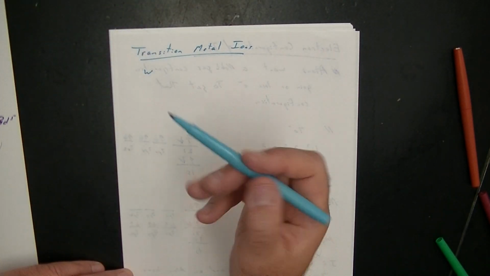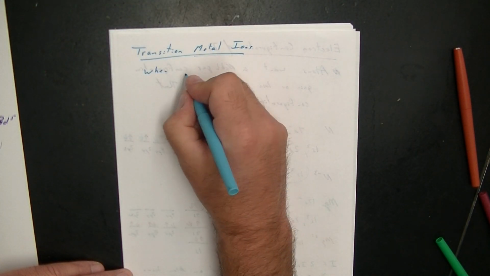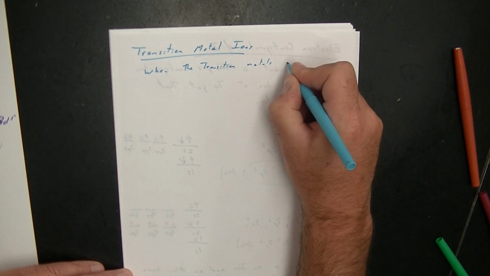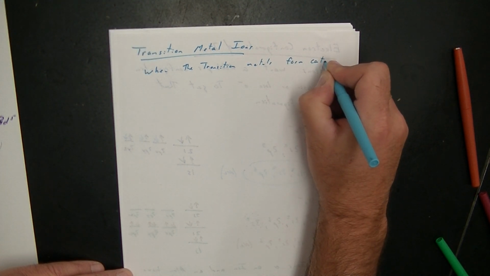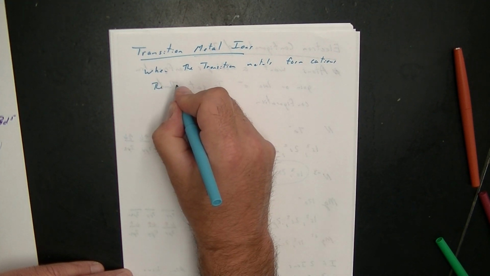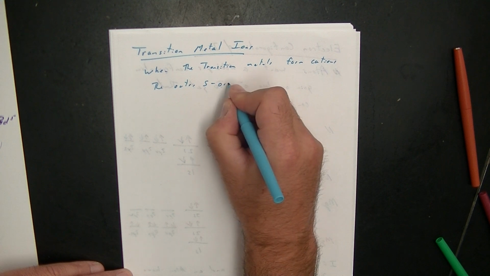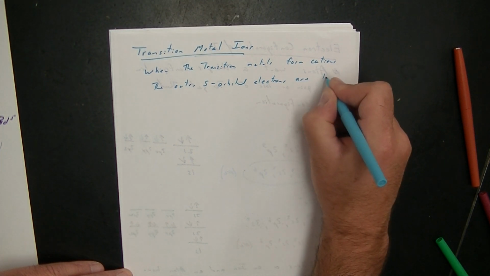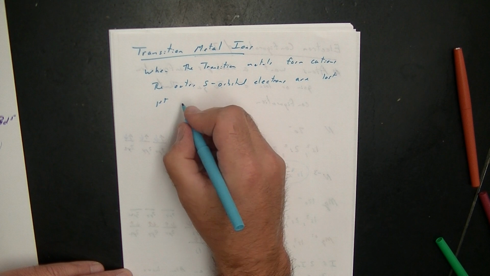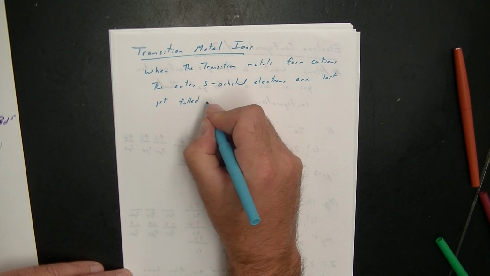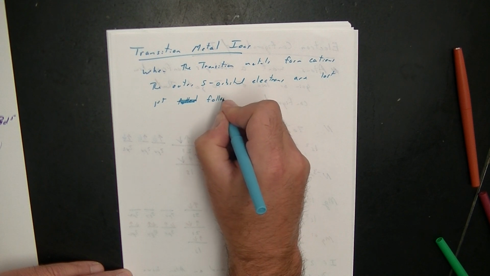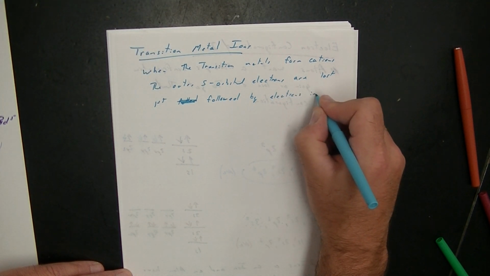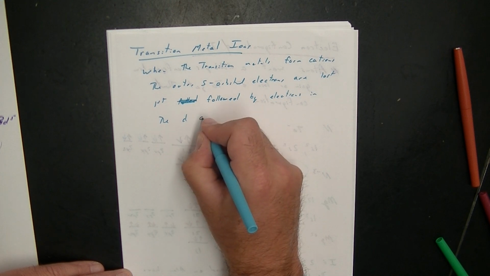So when the transition metals form cations, the outer s orbital electrons are lost first, followed by electrons in the d orbitals.